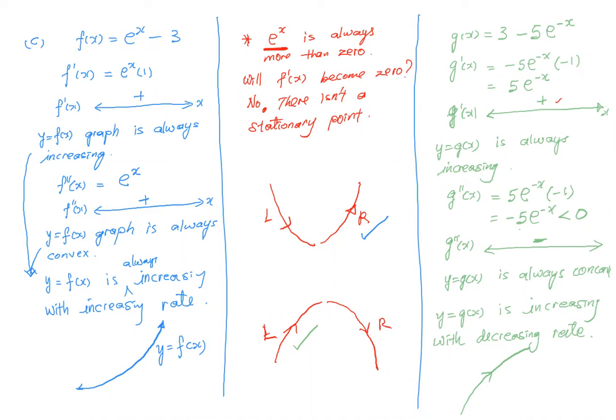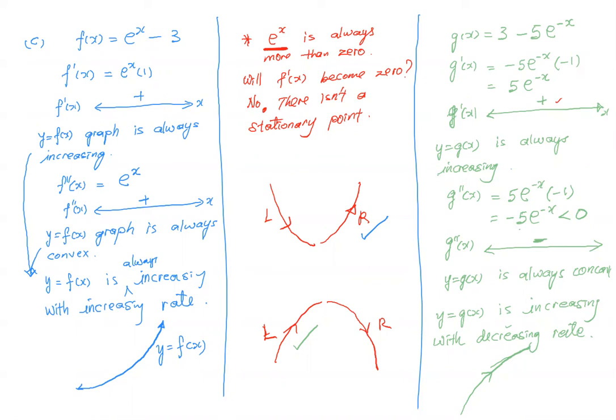Ms. Du, what is the increasing with decreasing rate? Because the steepness of the graph is decreasing. That's why we say decreasing rate. The function is going up, but the steepness of the function becomes less and less.